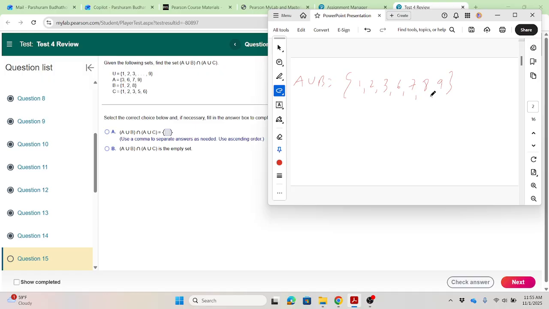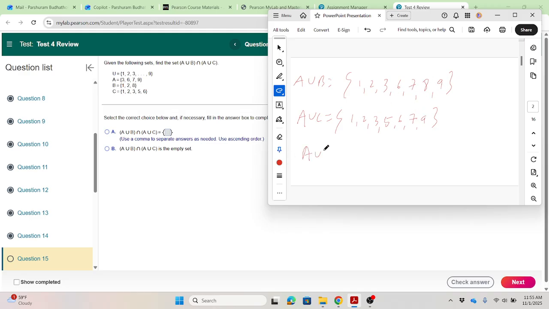Similarly, we can find everything from A union C, which is everything from A and everything from C, which is 1, 2, 3, 5, 6, 7, and 9. And now the intersection between them means what are the common things? 1, 2, 3, 6, 7, and 9. 8 is not common.